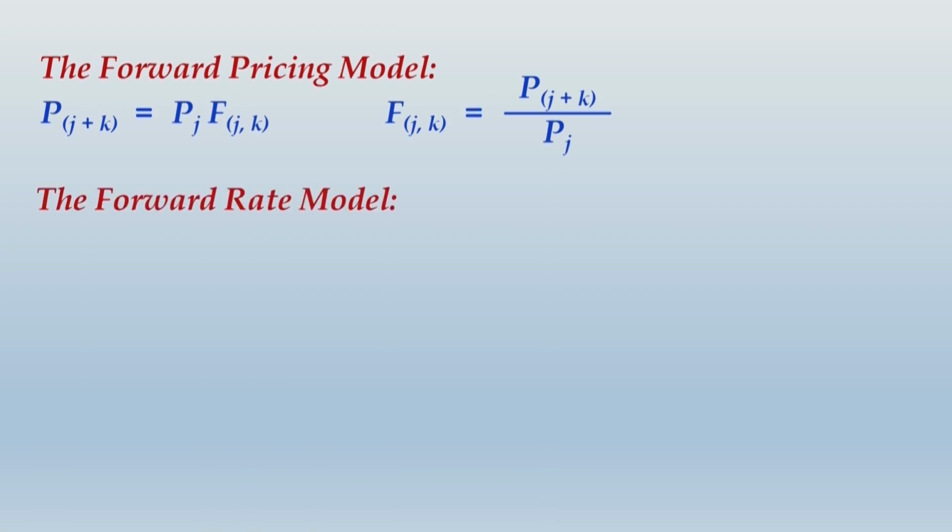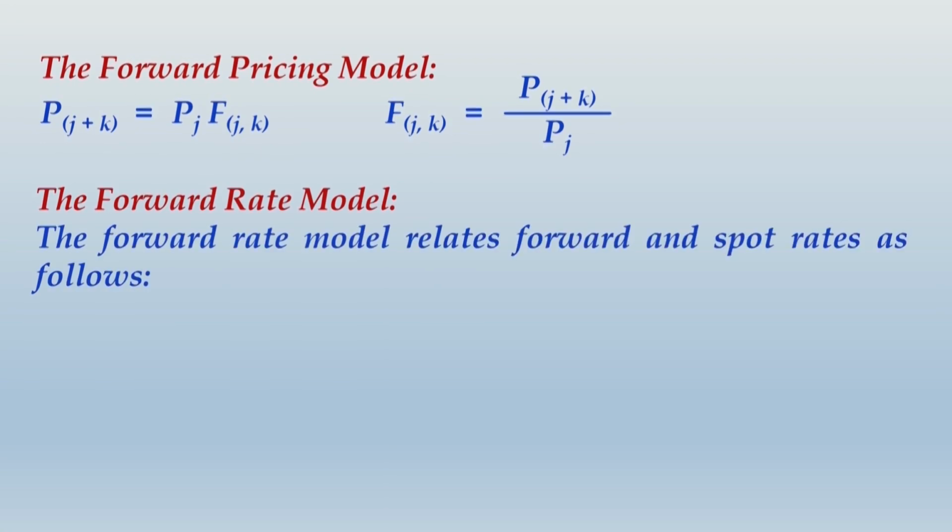And now the forward rate model. The forward rate model relates the forward and spot rates as follows. Now you have already learned how to compute the forward rate from the spot rates. So it is basically (1 + z(j+k)) raised to j+k will be equal to (1 + zj) raised to j into (1 + fj,k) raised to k.